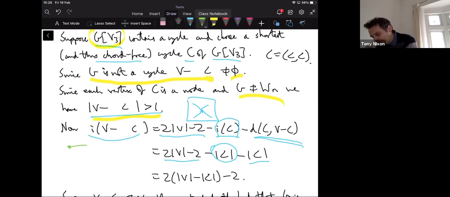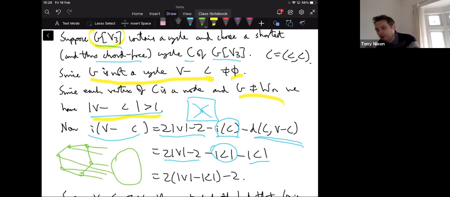Well, I know I have some cycle, but I also know every vertex on the cycle has degree 3. So if that's the cycle and this is the rest of the graph, there's one edge coming from there, one from there, one from there, one from there, one from there, one from there. And there were no chords, so none of those ones I just drew could do something like that. So there was exactly C of those as well.